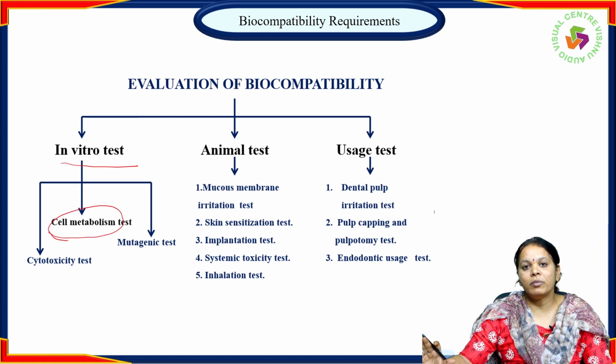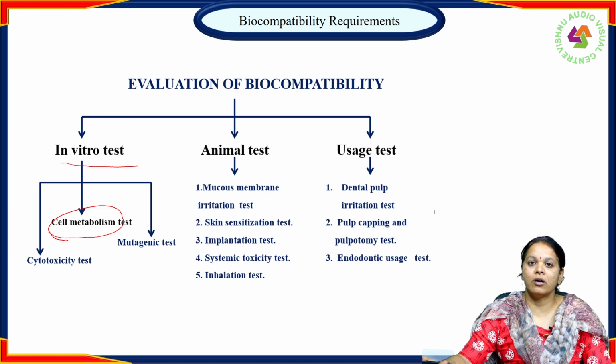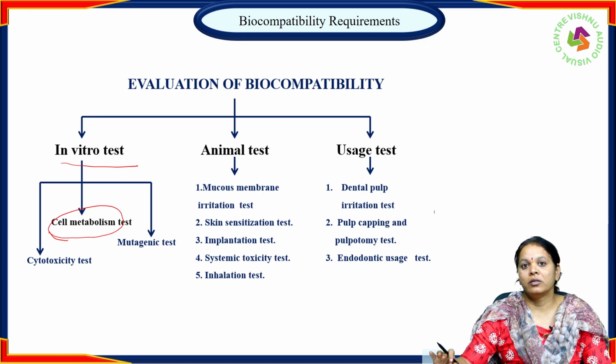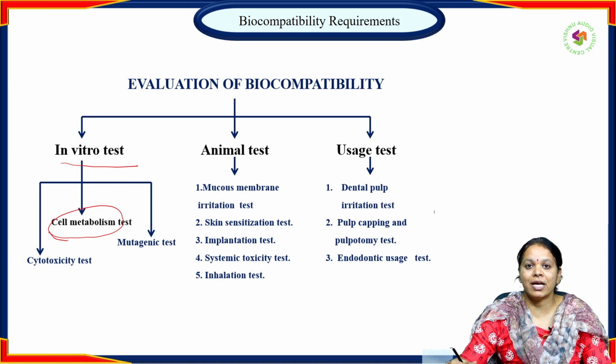Here we mimic the host tissue cells with respect to the tissue-material interaction outside the body in a laboratory, for which we use various cell culturing media in test tubes, culture plates and various other modalities. Using these modalities, we try to analyze what exactly happens to the cell when the implant material comes in contact with that tissue.